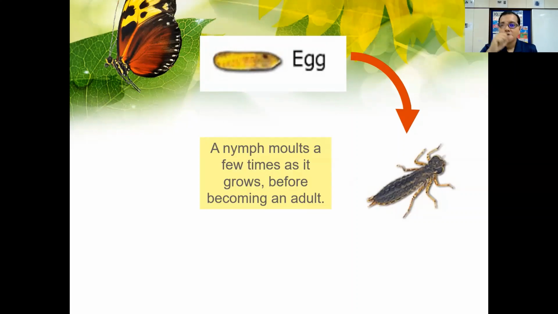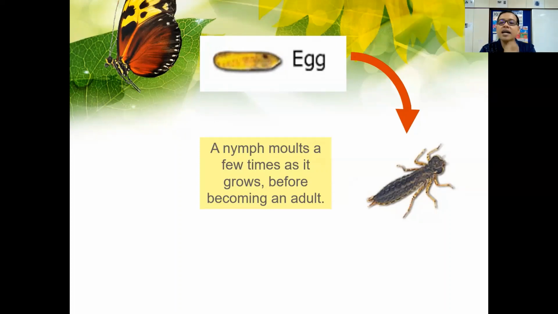Now, don't forget, what is the outer covering of the insect? The outer covering of the insect, if you can recall your lessons on diversity, is the hard outer covering. Some people may say it's an exoskeleton, but in the science syllabus, we call it hard outer covering. I wouldn't say it's bone. It is not bone. It's a slightly different chemical composition, but it's simply a hard outer covering.